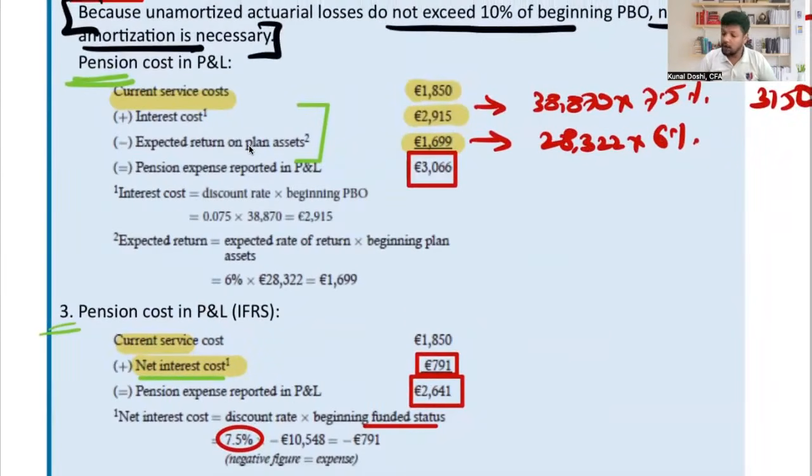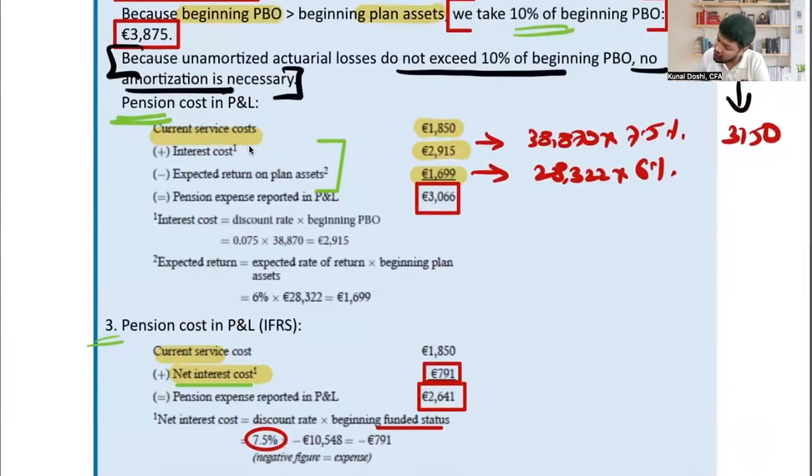In US GAAP, what you will notice is current service cost and interest cost. Interest cost is the time value of money cost, which is actually the same thing. However, there is a minor difference in IFRS. Interest cost and expected return on plan assets are calculated at different rates under US GAAP.